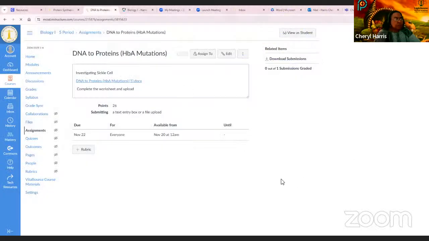All right, I don't know why this keeps changing directions on me. All right, so it should say DNA to protein HBA mutations, and it says view it as a student. So let me view as a student.